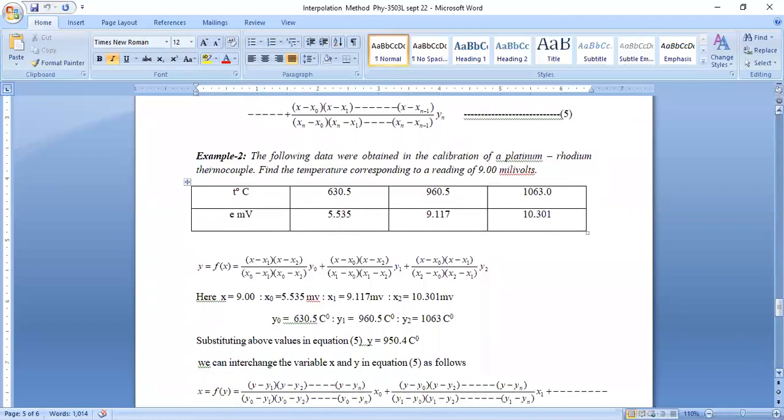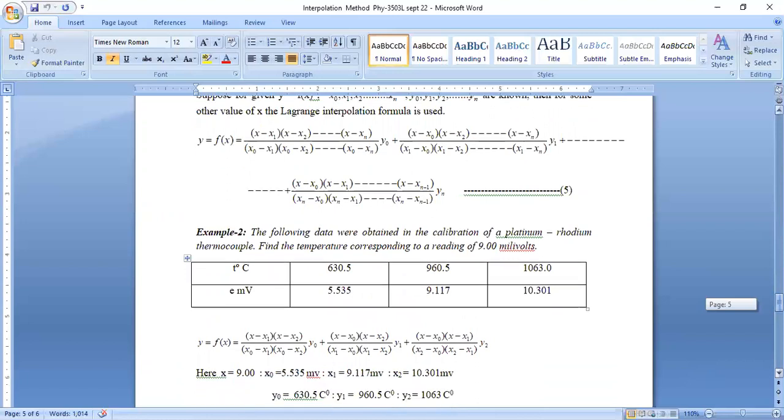Now, this formula is used, and we can interchange the variables x and y in this equation 5. Wherever x appears, you can write y. Here I have interchanged the form.